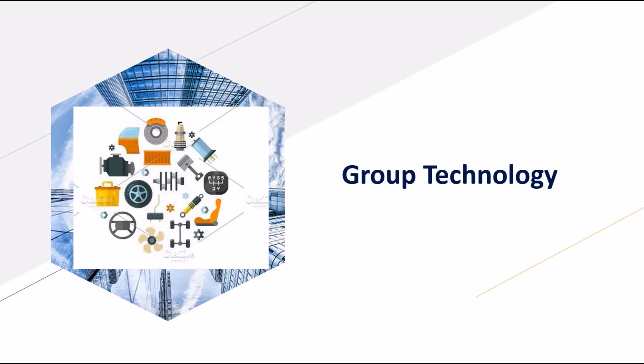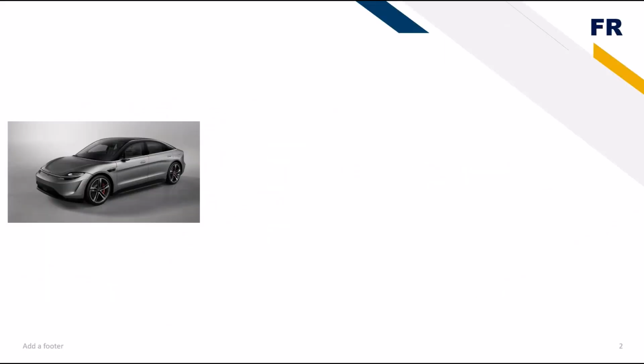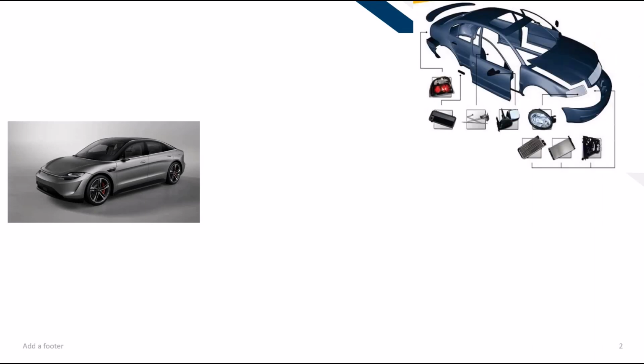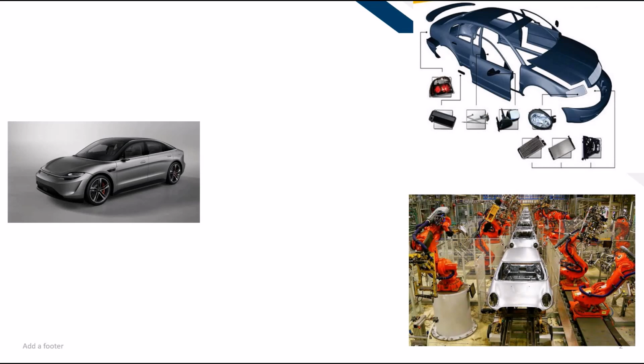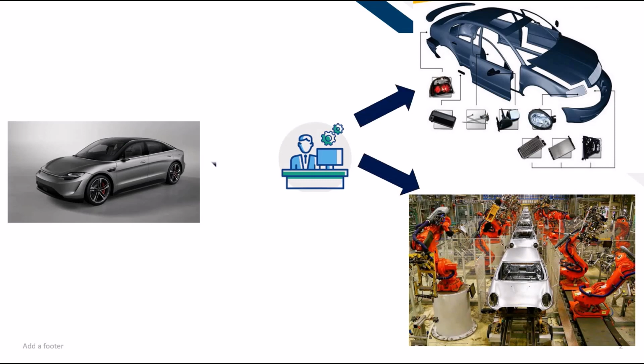I will start this topic with an example. There is a car manufacturing company. They are thinking to produce one new model car. For their production, they need car parts, machines, equipment, planning and controlling, etc. Every company thinks to reduce their cost, so they focus on large cost savings.